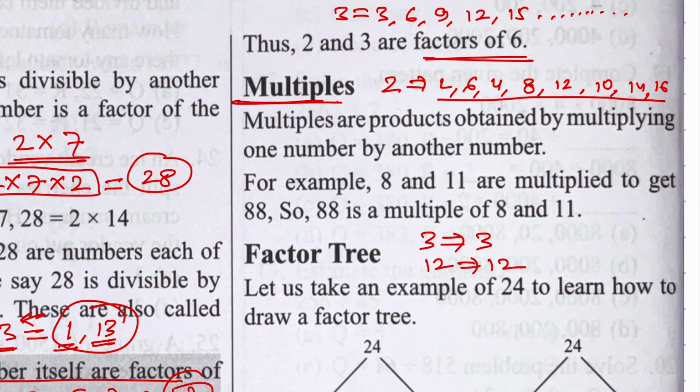Say for example, 24. 24 is a multiple of 12. That means 12 will always divide its multiple, because this number itself divides that number.